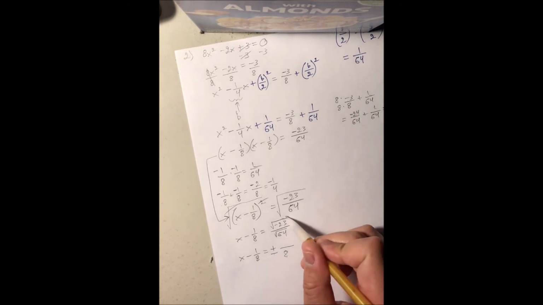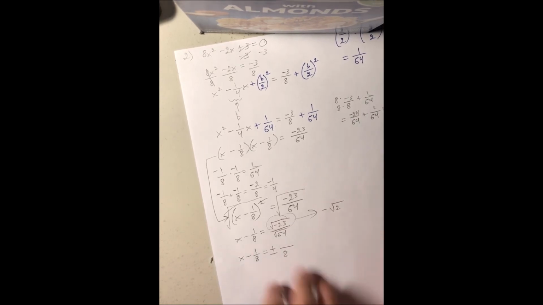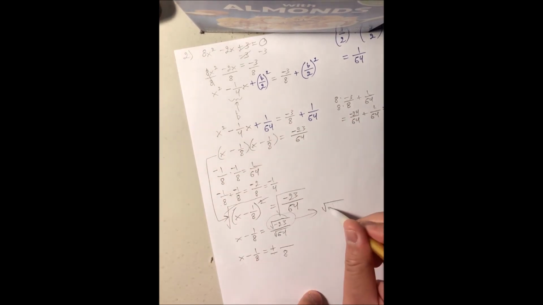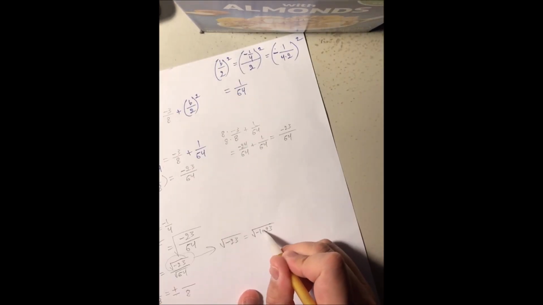So with the negative 23, if we rewrite it into an imaginary number, square root of negative 23 is the same as negative 1 times positive 23 with only multiplication under the radical.